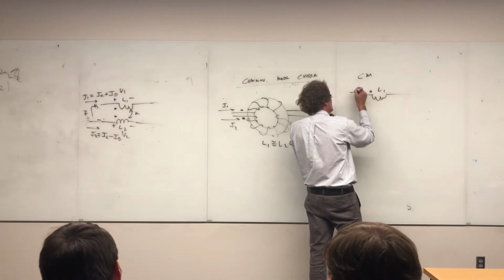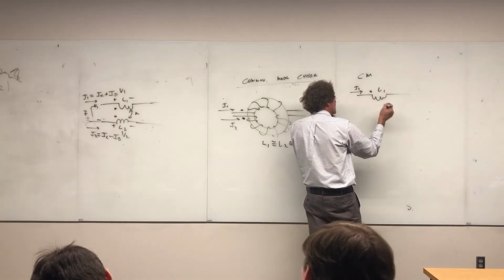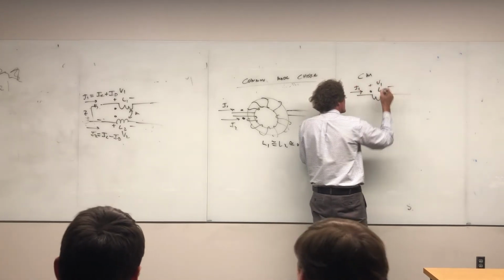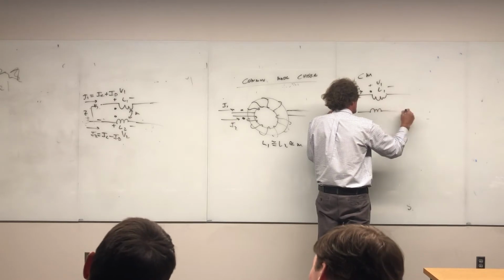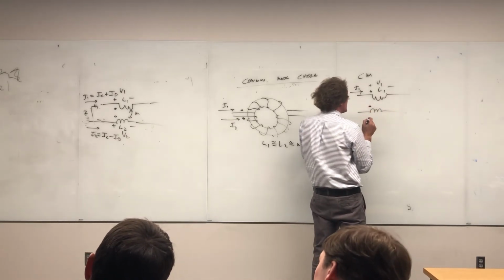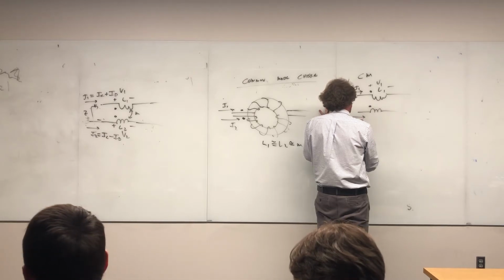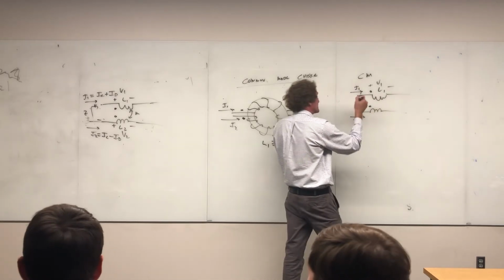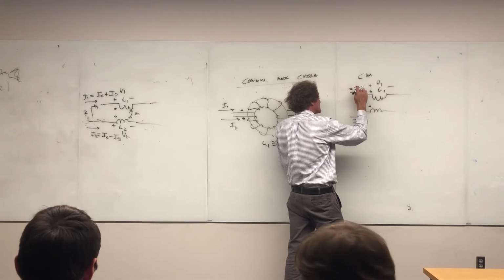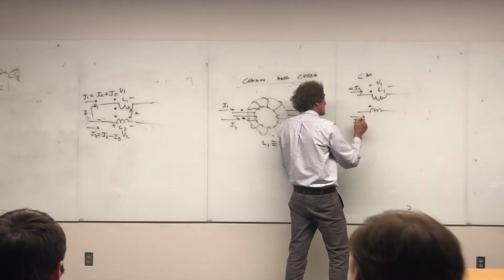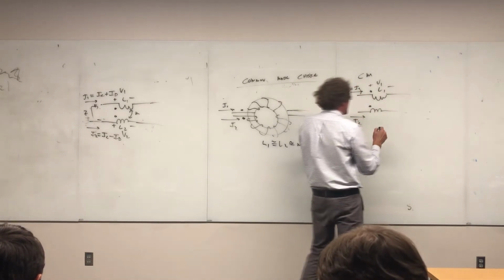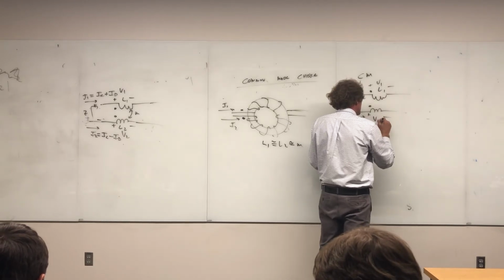I have a current, I'm going to just call it I flowing there. And I have a voltage V1. Then I have a current here, right? And I'm going to have a current I1. It's going to be the same. I can just label it I common, flowing in there. And I'm going to have a voltage plus or minus V2 here.